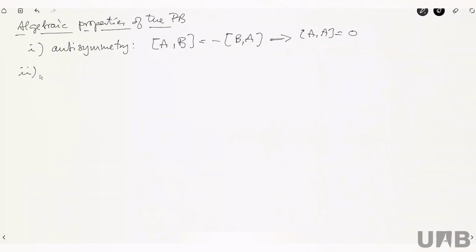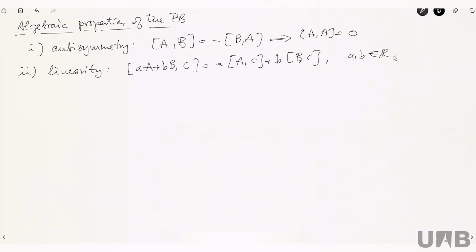Second property, linearity. That means that if I have a linear combination aA plus bB with C, this is a times the bracket of A and C plus b times the bracket of B and C, where a and b are numbers.